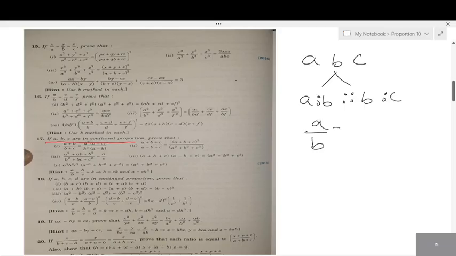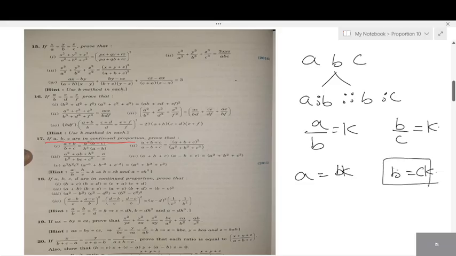Now we have two values. Take A by B is equals to K, and B by C is equals to K. Now what is A value? A is equals to B into K. B is equals to what? B into K. Okay, now B is equals to C into K. Can I shift this B value here?